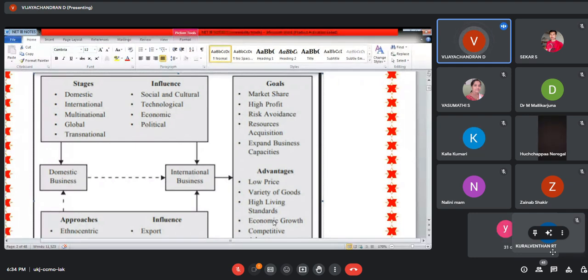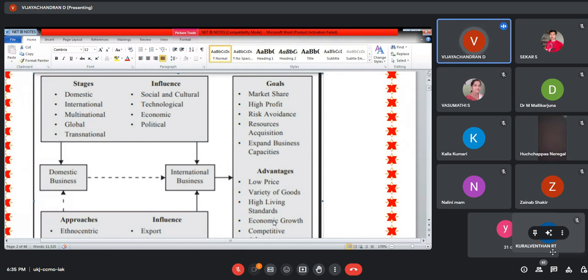In transnationalization, they will have business in almost all the countries, globally. So these are the stages in IB. First one is domestic, second is internationalization, next is multinational, fourth is globalization, and fifth one is transnational. So these are all the stages in international business.